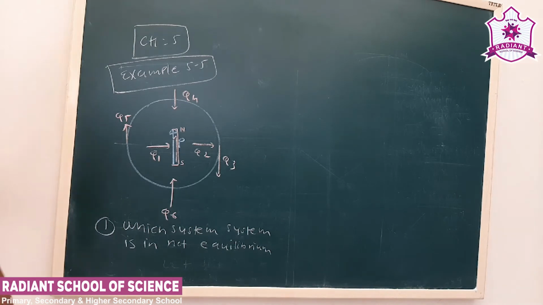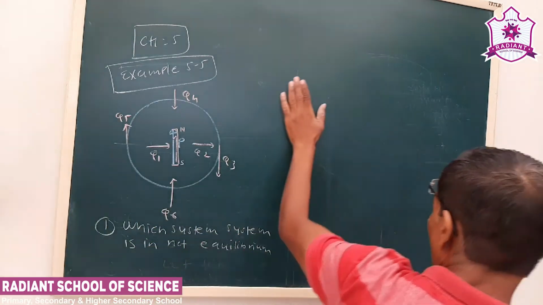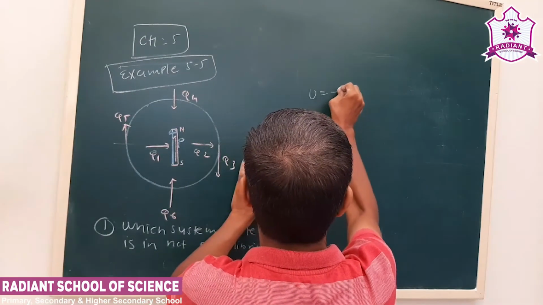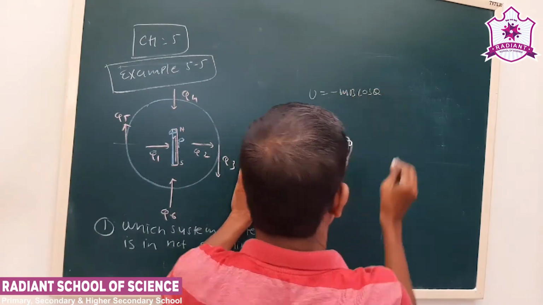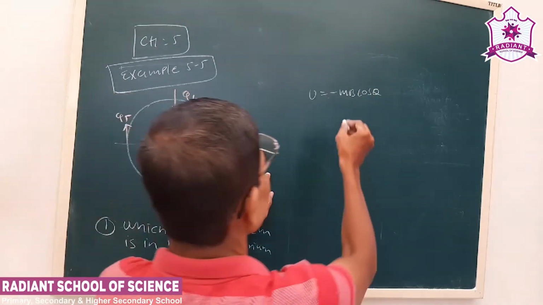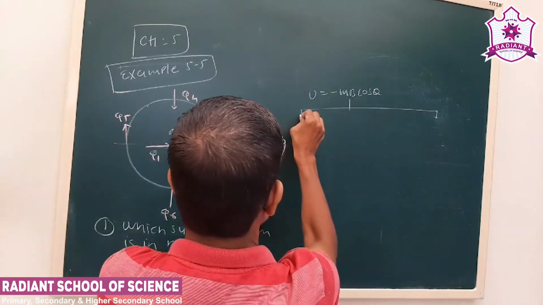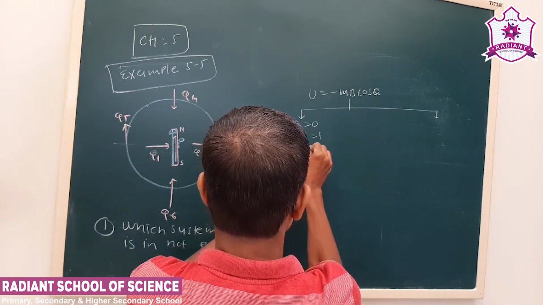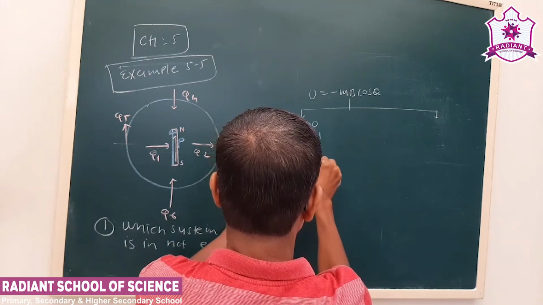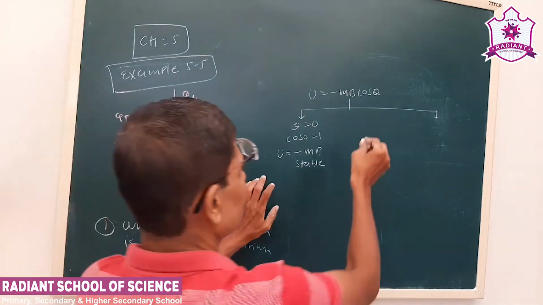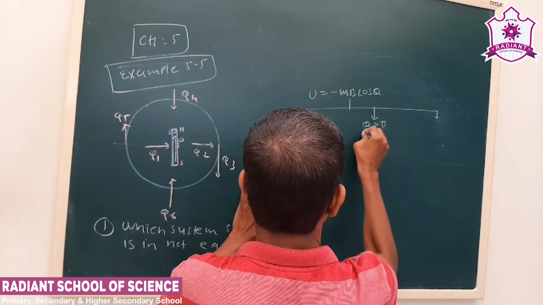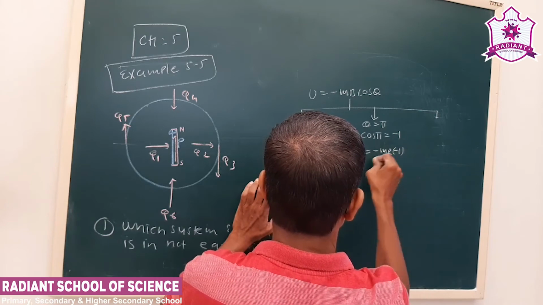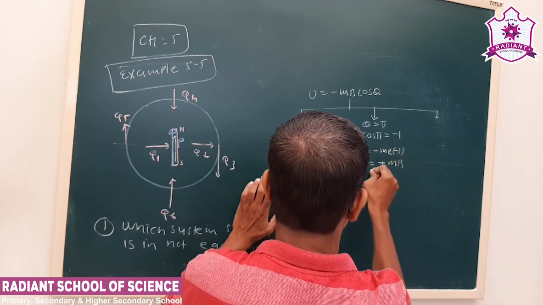Now see, what is the potential energy of a magnetic dipole in a uniform magnetic field? What is the formula? Theta is equal to 0, cos 0 is 1, U is minus MB, that is a stable configuration. Theta is equal to pi, this is unstable.